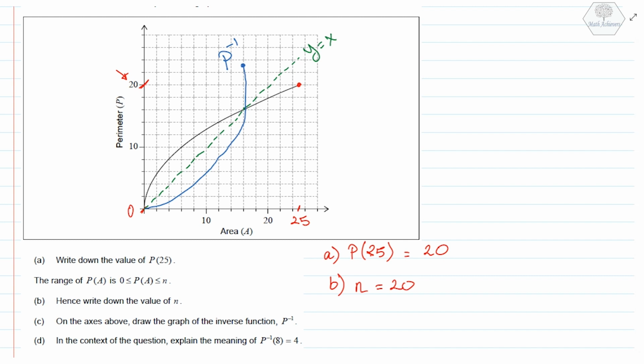So for part D, this means when the perimeter is equal to 8, the area is equal to 4. We map it the opposite way around. When the value of the perimeter is 8, the value of the area is equal to 4.